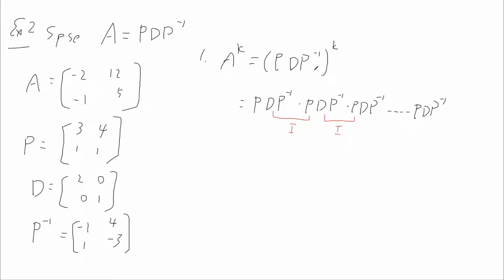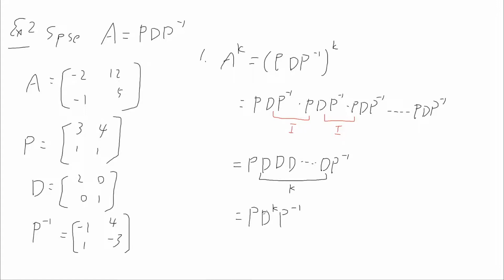So if we simplify this, we get P D D D, and so on, up to the last D, and then the last P inverse right here. So exactly how many D's do we have here? We have k D's. So that is equal to P D to the kth power multiplied by P inverse.